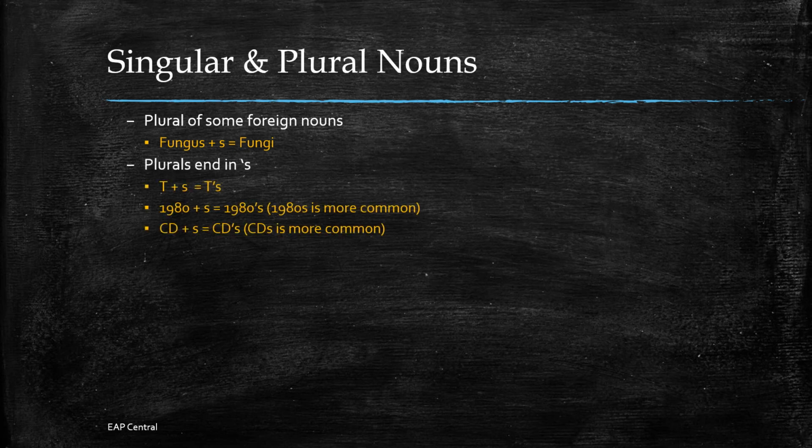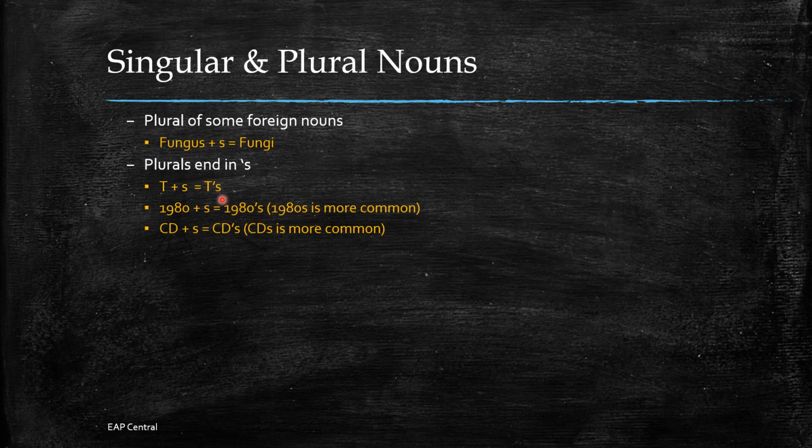Next one, for abbreviations, an apostrophe is used before the S in the plurals of letters of the alphabet and sometimes in the plurals of dates and abbreviations. Although recently they don't write these apostrophes, for example, here CDs without apostrophes or 1980s.